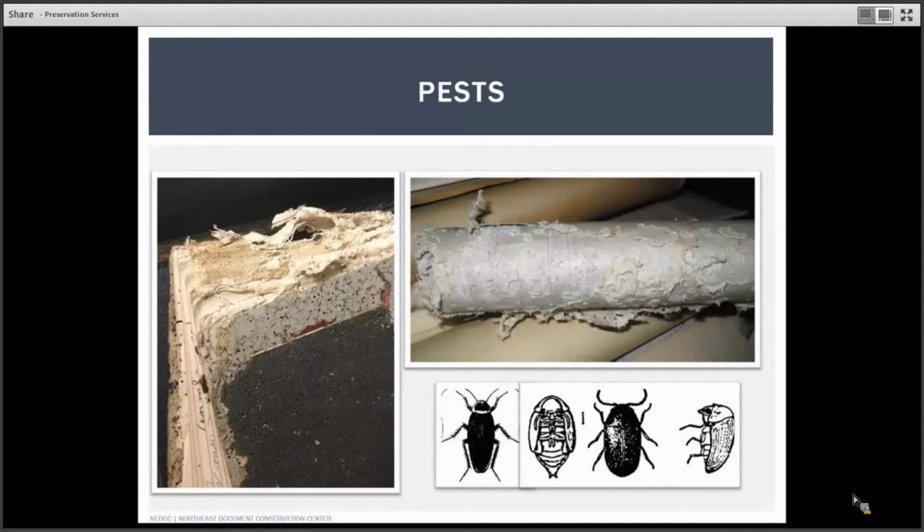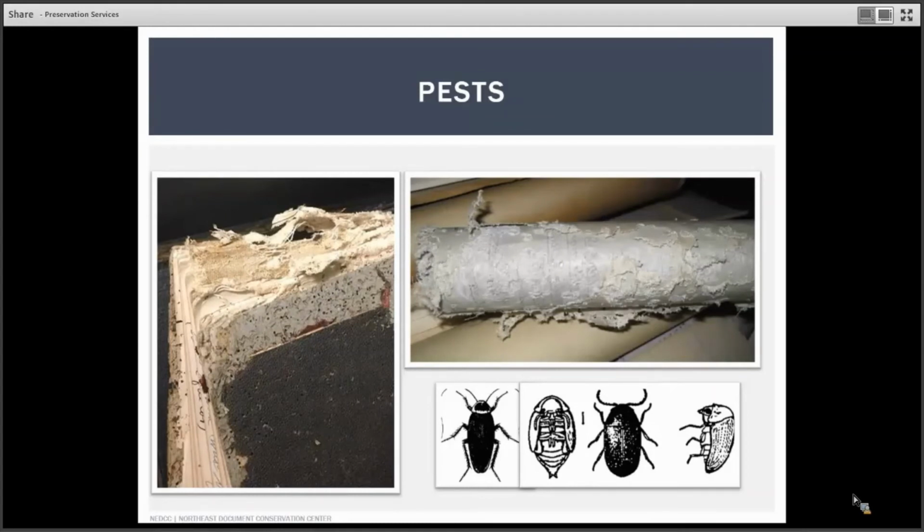To prevent attracting pests, you want to keep your photographs and collections away from any food or clutter. Many insects also like fairly damp, warm, and often dim environments. Mice unfortunately like to join us when it gets cold outside, and then our homes and our buildings become a warm place for them to hole up.